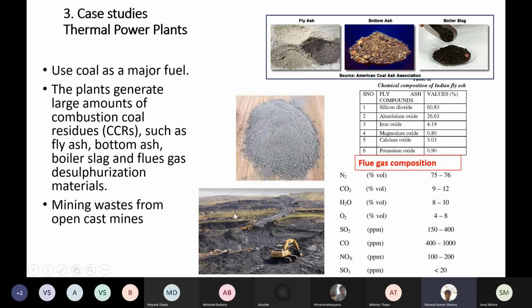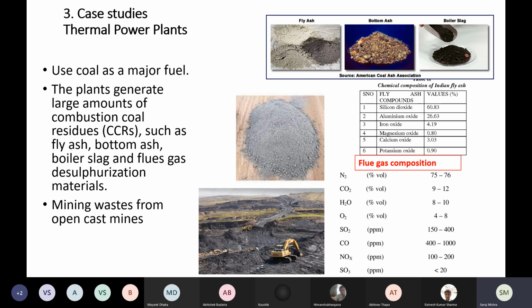These fly ash, bottom ash, and boilers, do we get them separated after burning this coal? This is separated because whatever is left at the bottom of a boiler is also removed periodically, and it is left in the area surrounding the power plant because it doesn't get consumed.